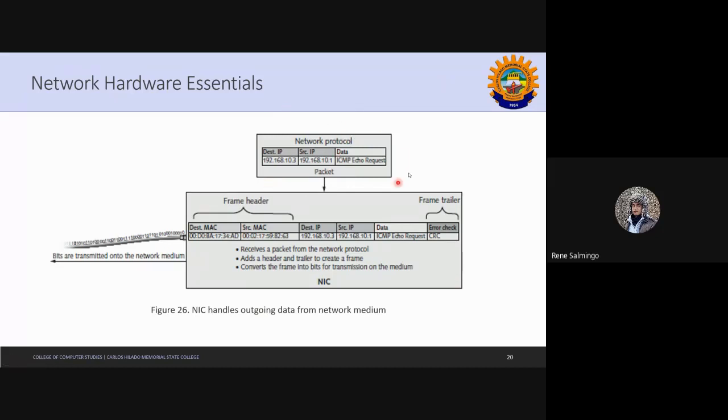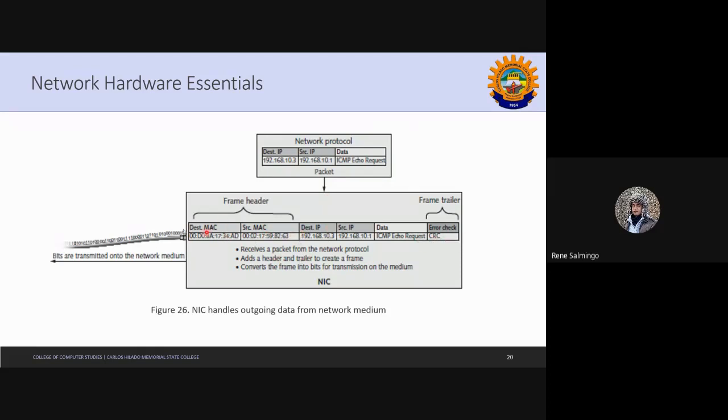It receives the packet from your network protocol and adds the header and trailer.